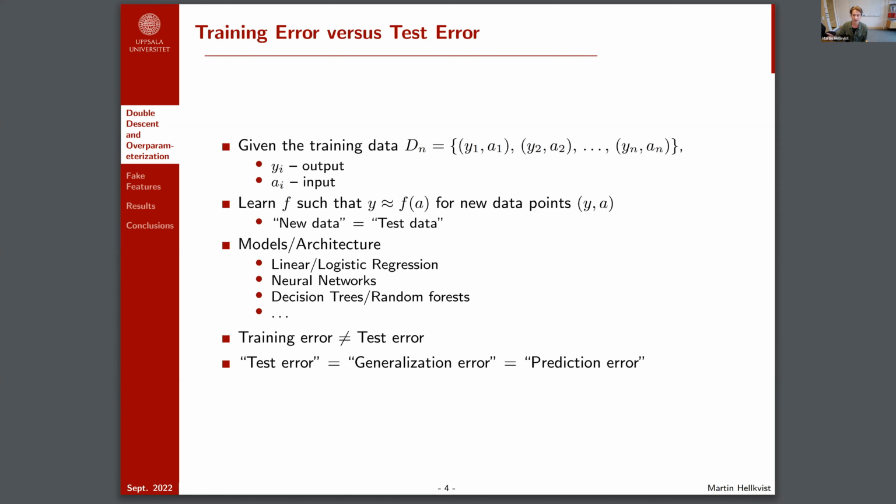An important challenge here in this type of learning problem lies in that the error that we make on the training data while we are learning f is not exactly the same as the error that we make on the test data, so the error when new data points come, when we deploy our model. And traditionally, we have been taught that there's a trade-off between doing well on the training data versus doing well on the test data.